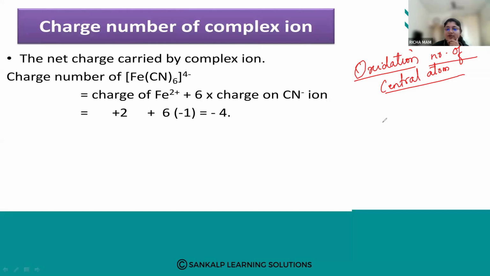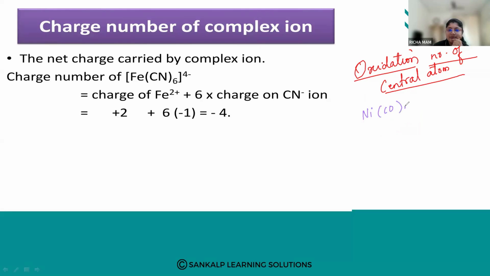Now, the metal is linked to the ligands. So when the ligands are removed, what is the overall charge on this particular metal? That we are going to find out. Please note it down, very important.